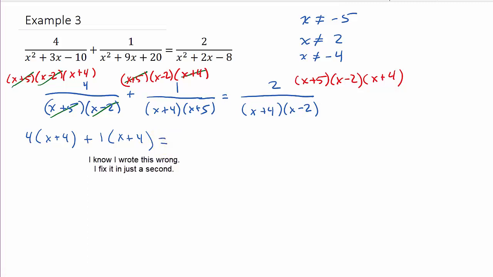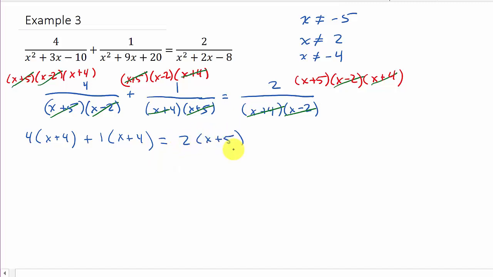And then here, the x plus 4 and the x minus 2 cancel, and I'm left with x plus 5. Let me cancel these two like that. So I get 2 times x plus 5. Okay, so hope that made sense.